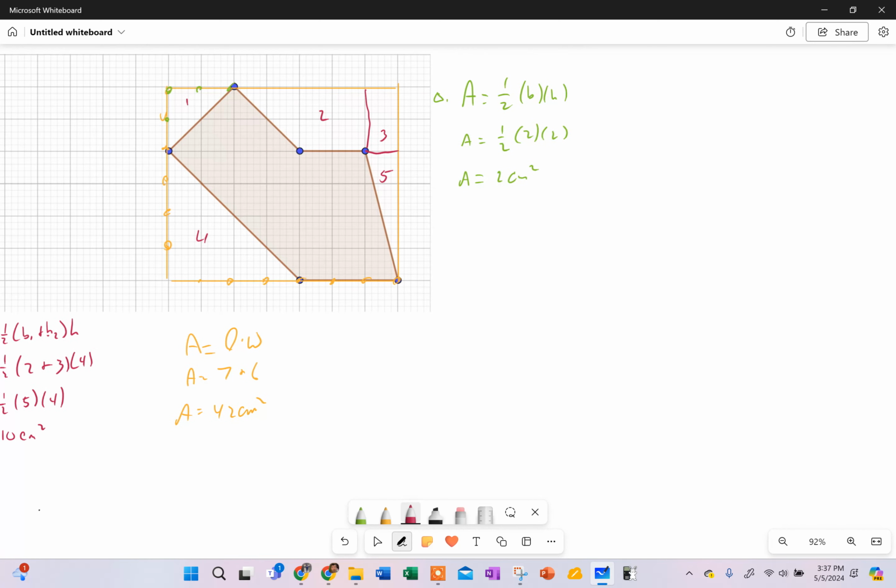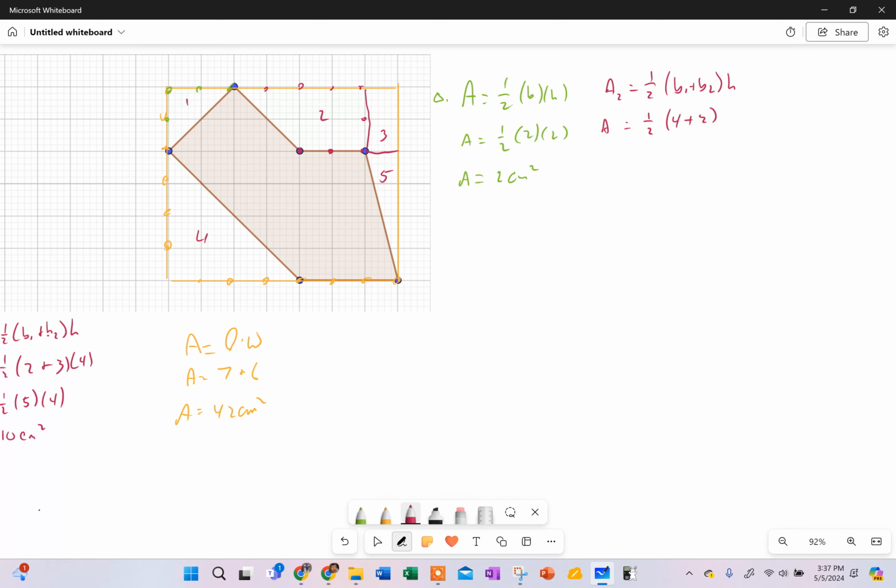Number 2, area of my second shape is, once again, this is a trapezoid, so it's going to be 1/2 (b1 plus b2) times my height. Let's see, my base one is 1, 2, 3, 4. Plus my base 2, the other parallel side, is going to be 2.